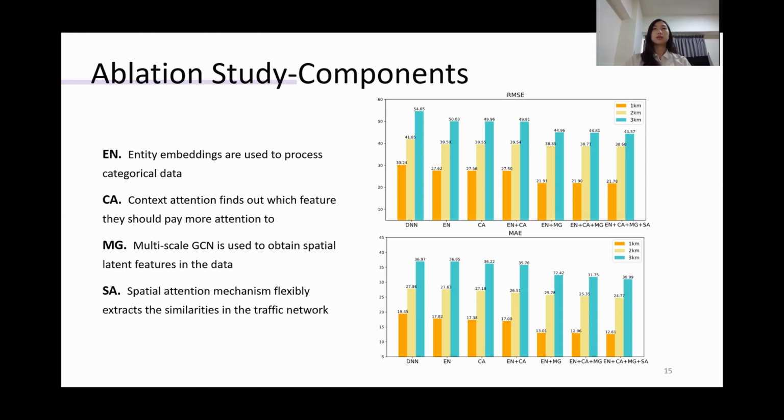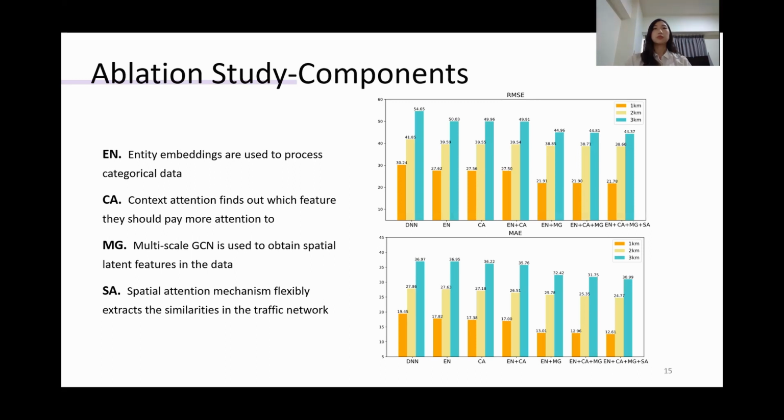To verify the effectiveness of each component of DMGNet, we design experiments to evaluate the prediction results of different component combinations. We then briefly introduce each of the following components.